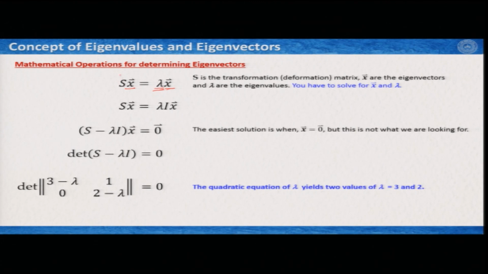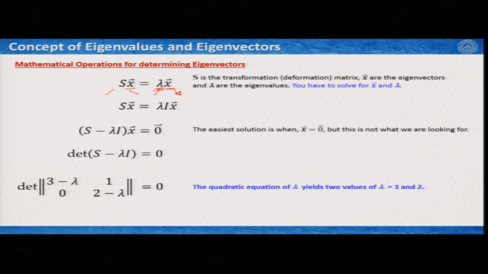So your transformation matrix multiplied by a very unique vector, which is your eigenvector, should be equal to your eigenvalue, which is a scalar term, multiplied with the same vector. Now here you may have a confusion that S is a matrix, x is a vector, and lambda is a scalar. So matrix-vector multiplication and scalar-vector multiplication, you can imagine how they are happening together.